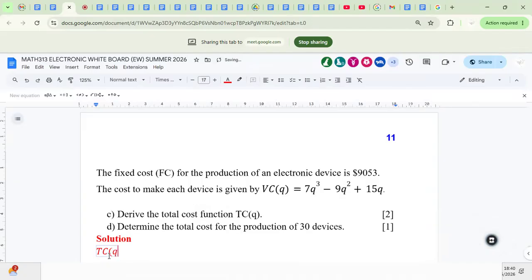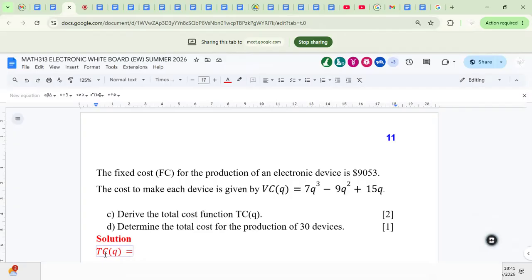So it said the total cost with respect to Q, total cost of Q. Now, when you have total cost of Q, it means that Q should appear in the expression after the equal sign.